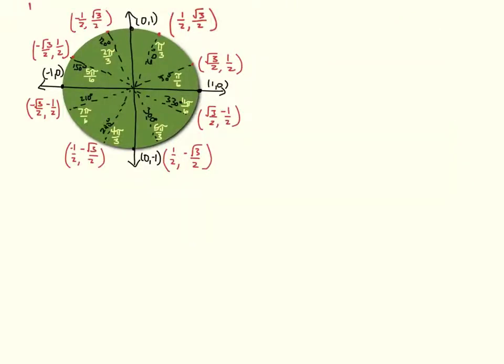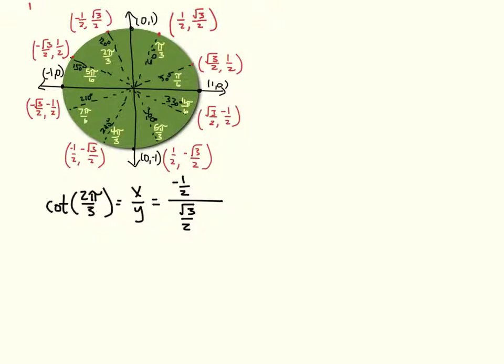Now that we have the unit circle set up, counting by every 30 degrees, we can figure out trig ratios for each of those degrees. If I wanted to know the cotangent of 2 pi over 3, then I recall that cotangent is the x over the y. So I find 2 pi over 3. It's right here. So now I have the x coordinate, negative 1/2, over the y coordinate, square root of 3 over 2.